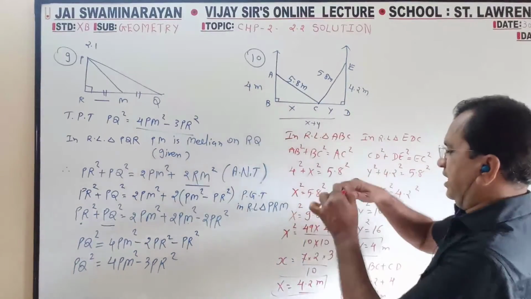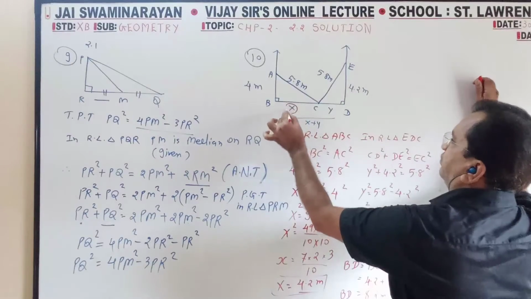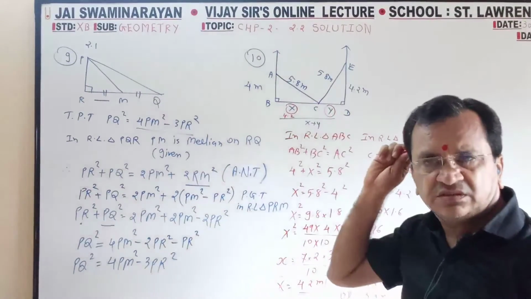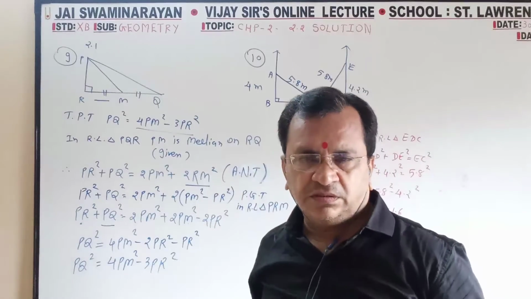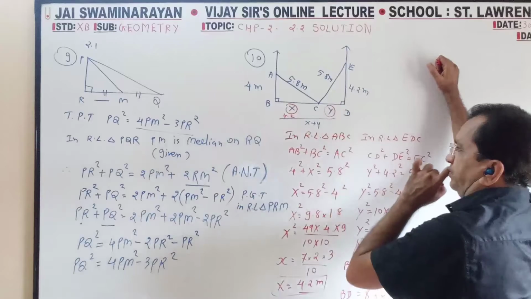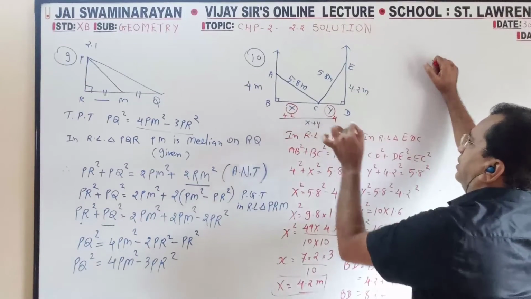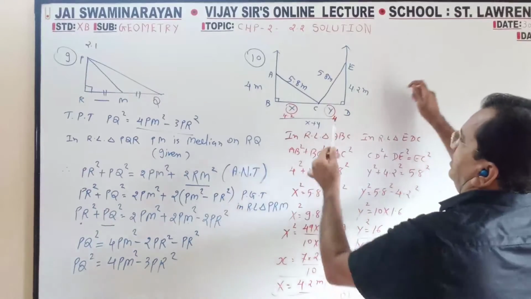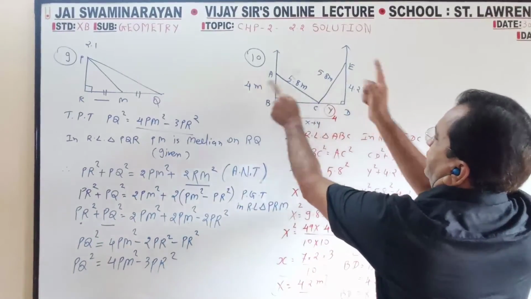By Pythagoras I got x, that is 4.2. By Pythagoras I got 4 because when the hypotenuse is the same and this point is the same, these will interchange.